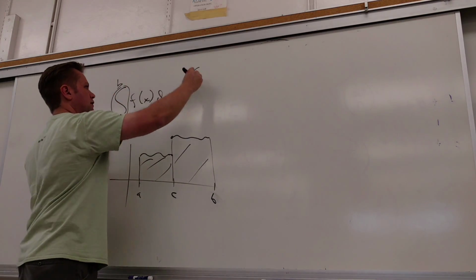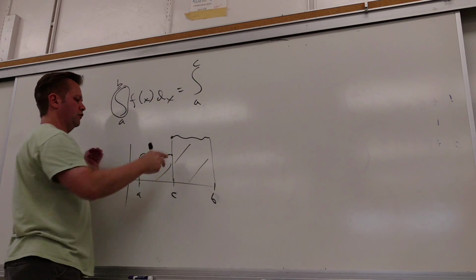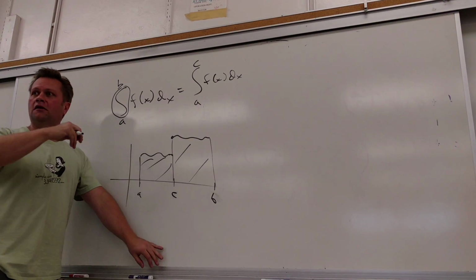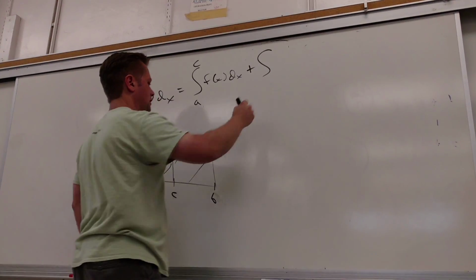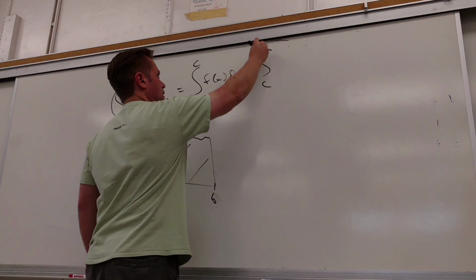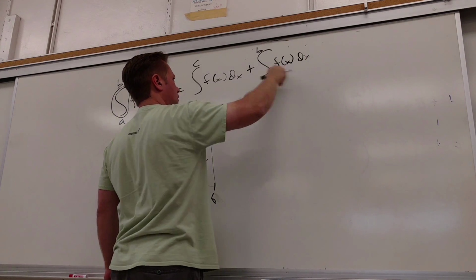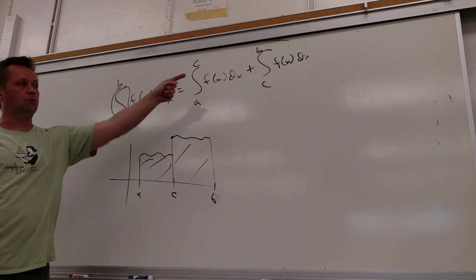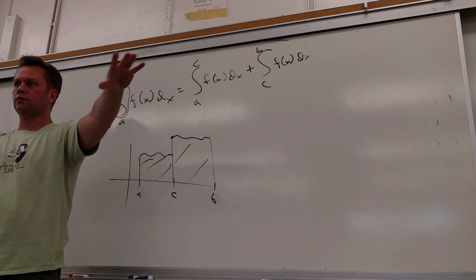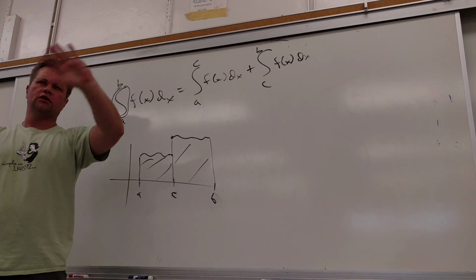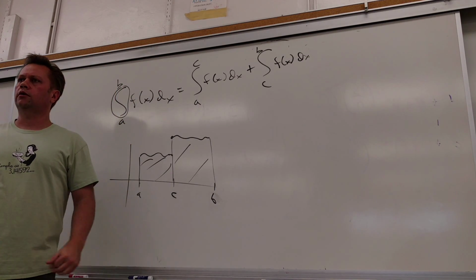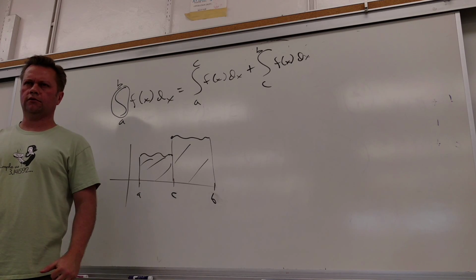So if I just take the sum from A to C, and then add that to the sum from C to B, I can do that legally. This I cannot do legally directly. I have to break it up so my function is continuous, differentiable on that interval. Differentiable not as important right now.